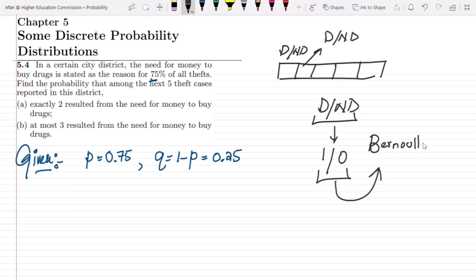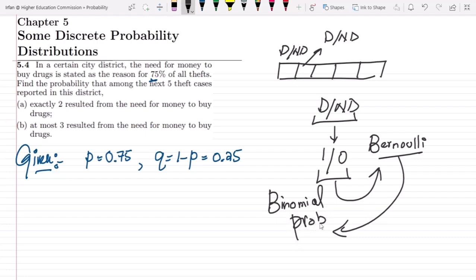Okay, and I have told you previously that the combinations of different Bernoulli trials give me the binomial probability. Okay, so it is clear now that we have to find exactly 2 cases in which the money is stolen to buy drugs.